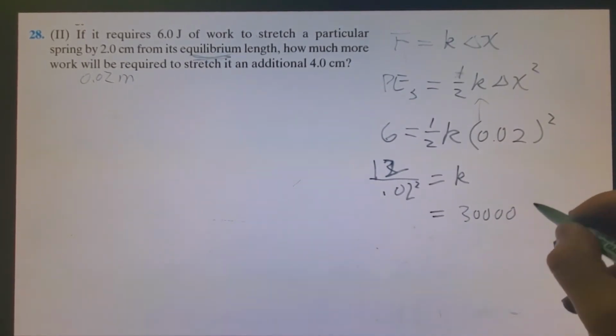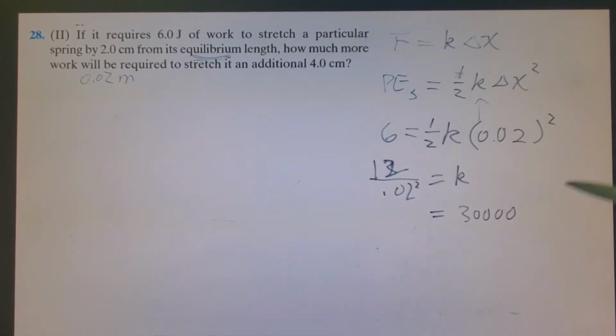The spring constant is 30,000, in newtons per meter.